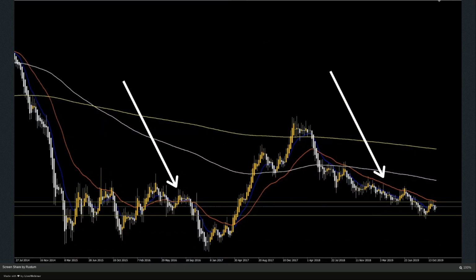So these EMAs help us determine the market state. When it's interwound, like on the left-hand side, then we are in a range, and if it's spread apart, we are trending.